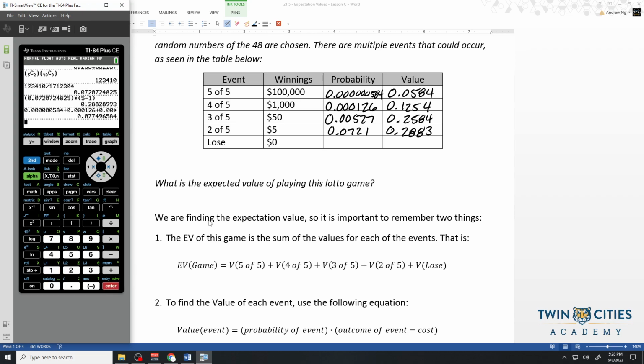So my overall probability of winning, regardless of the different type of events, is about 7.7%, 0.07749.